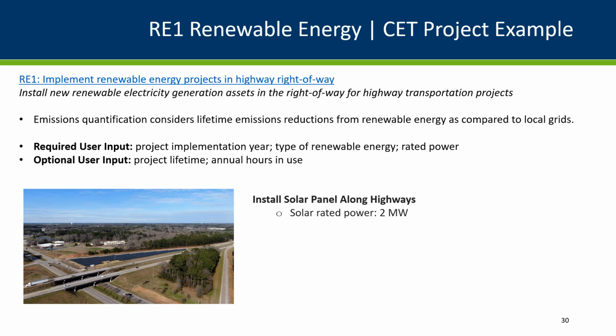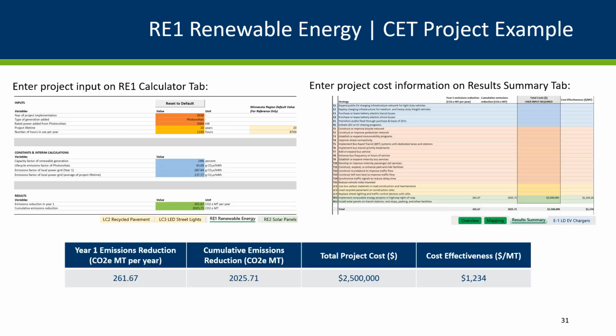This calculation does consider average capacity factor for each of these different energy types, so unless the usage is known to be less than all of the time for pricing or other reasons, the annual hours in use should be year-round. For our example project, we consider a solar project with 6 hours of daily sunlight and a peak rated power of 2 megawatts. To use the renewable energy calculator, we use the inputs from our previous slide and fill them into the tool at the top.